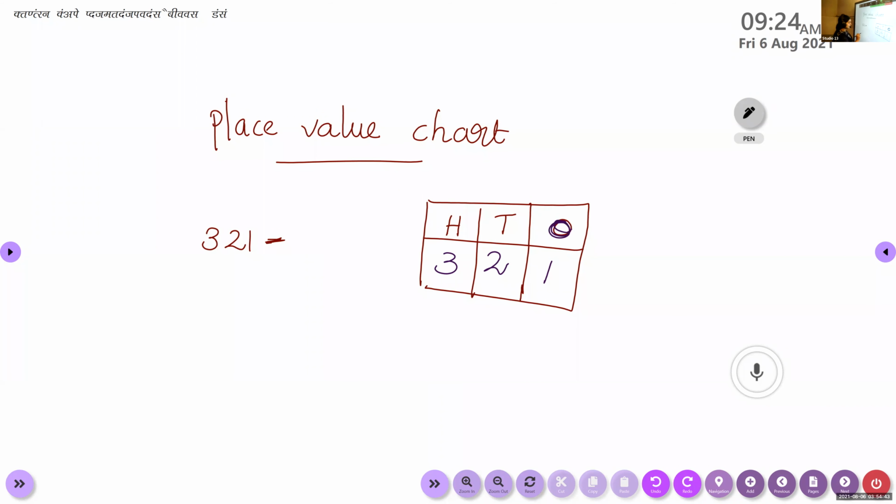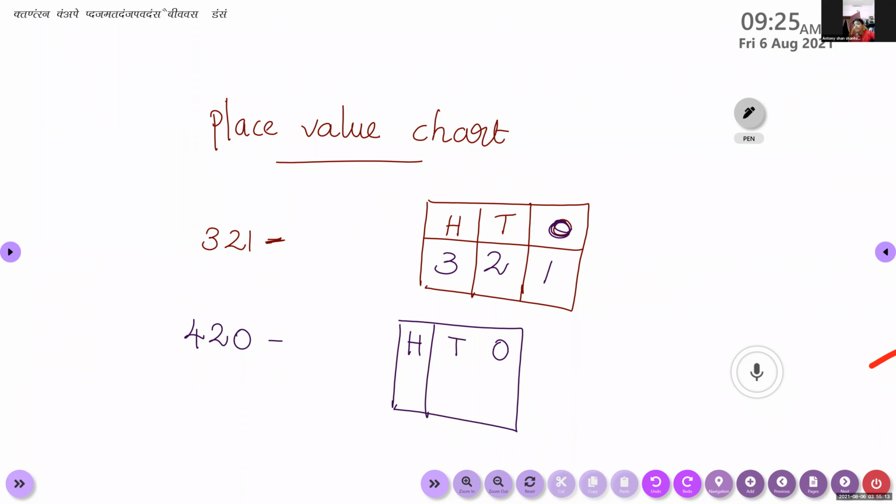Like that, another number, 420. Yes, correct. 420. This is also again a three-digit number. So, which are the places? H, T, O. Hundreds, tens, ones.